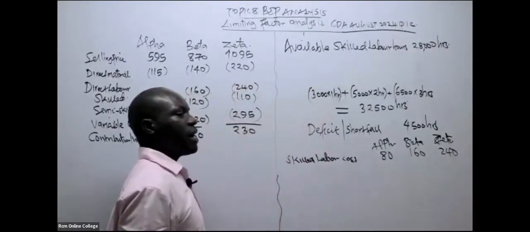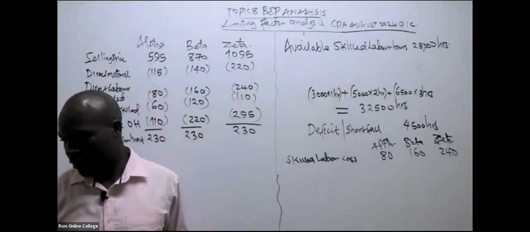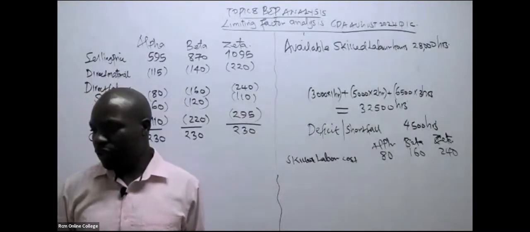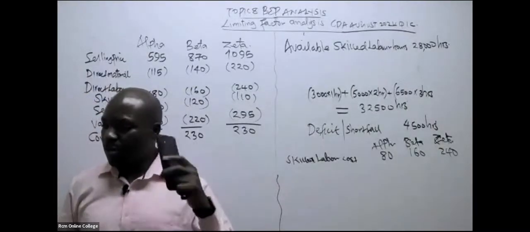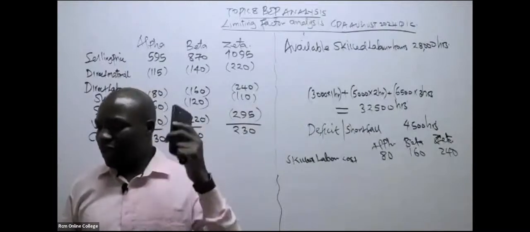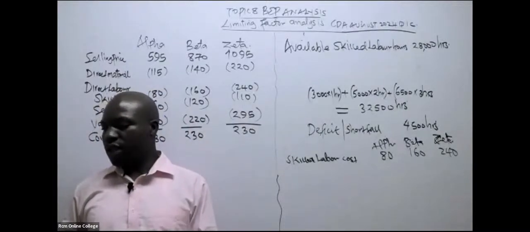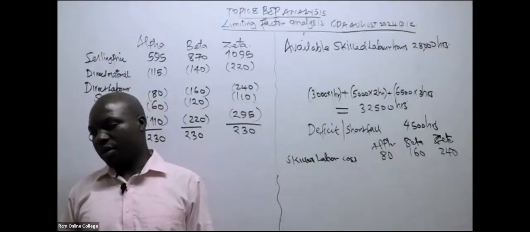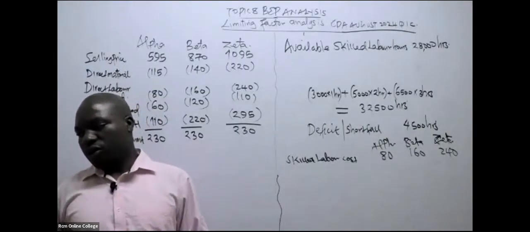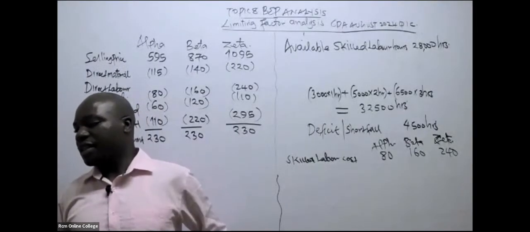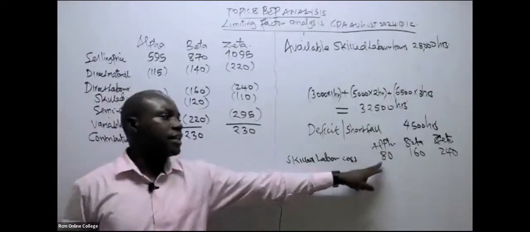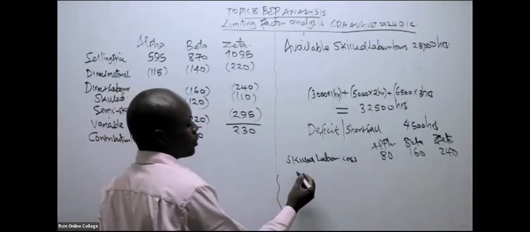Do we have labor cost per hour? If yes, please give me the labor cost per skilled labor hour. If the labor cost per hour is 80 shillings and you've incurred 80 shillings, how many labor hours are we talking about here?